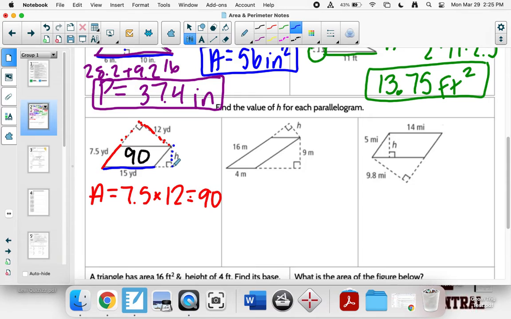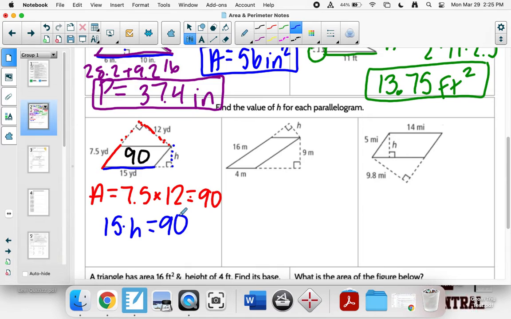So if I take my base 15 times my height h, I know that the area still has to be 90. So really what you're doing in these problems is you're matching the base and height together and then just solving for whatever that area is. So if I have 15 times h equals 90, how do I get h by itself?